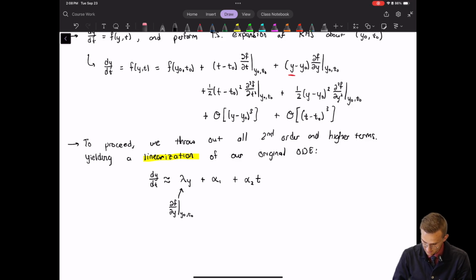And then the constant term alpha 1 has the y naught, t naught terms, everything attached to this y naught and this t naught. Remember, everything of second order or higher we just threw out, right? And then we have one more linear term in t, and alpha 2 is going to be equal to df/dt evaluated at y naught, t naught.